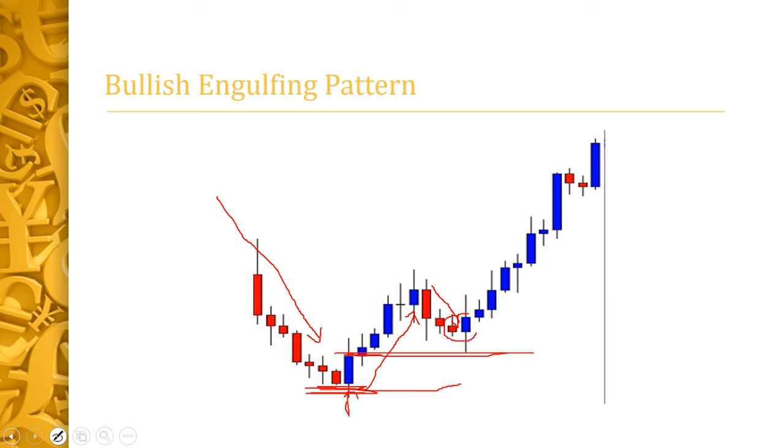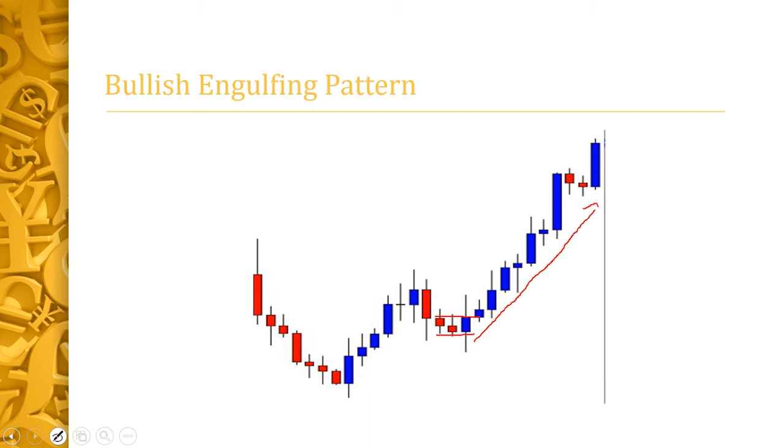This one here engulfed the one before, or possibly those two candles. Let me show you that the body of this one engulfed both those candles and kept trading higher.